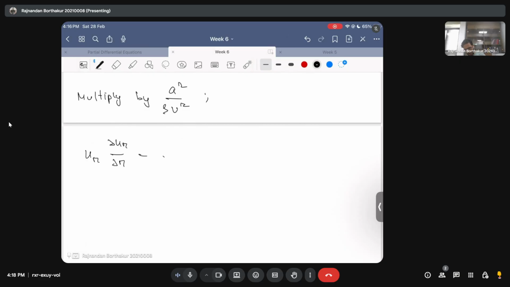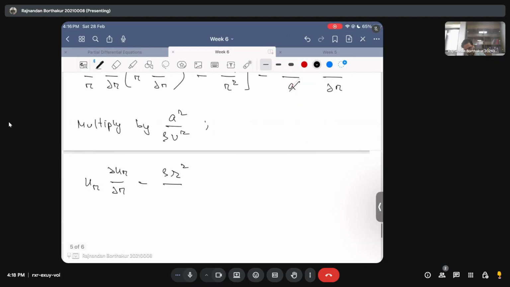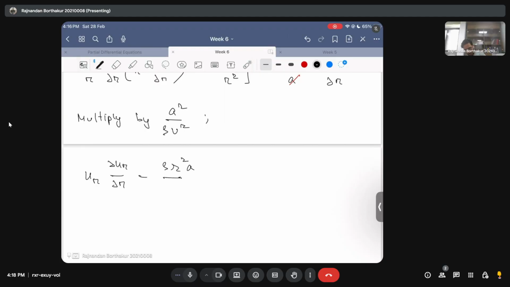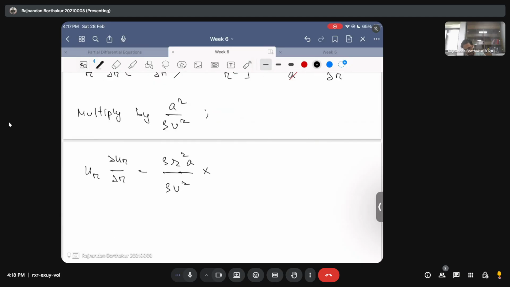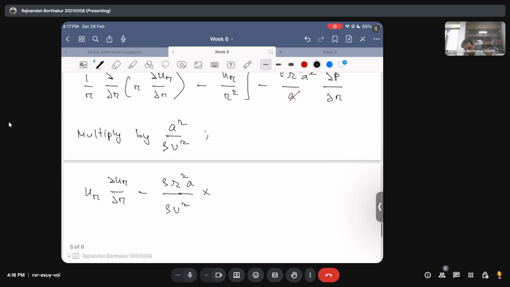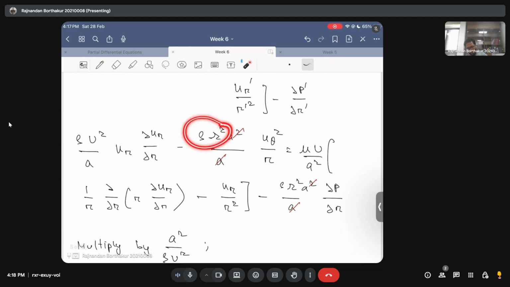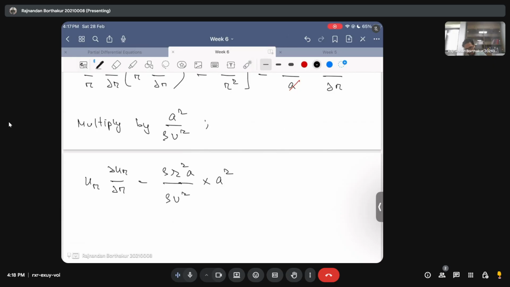And then I'll have minus rho omega squared a, and then I'll have rho u squared, and I'll also have, okay, hold on, I'll also have an a squared here. I hope this is correct. So I have this rho omega squared a already from here, and I'm multiplying this by a by rho u squared. That's what we'll get here, which means this would just be a cubed. That's all.